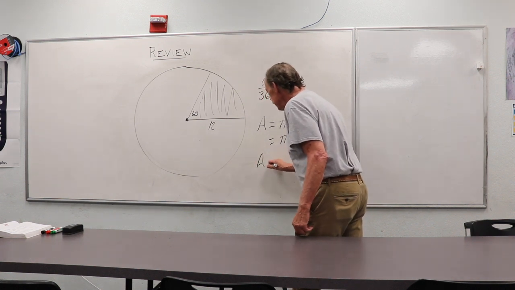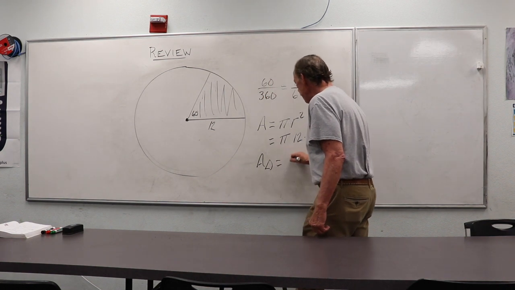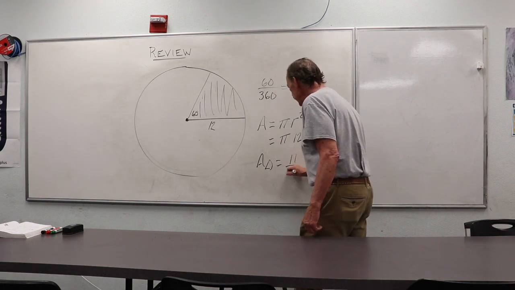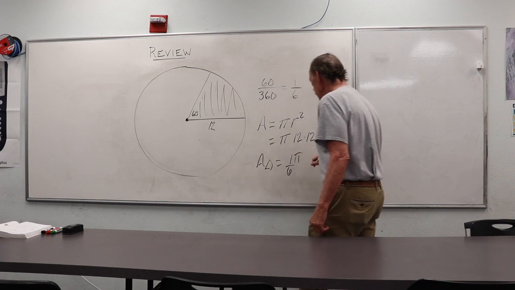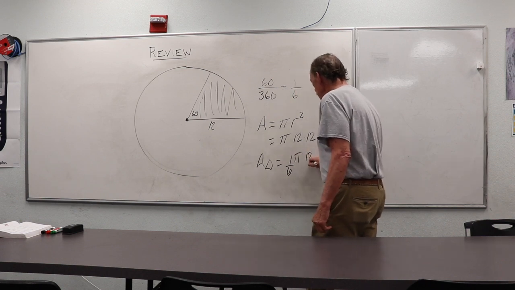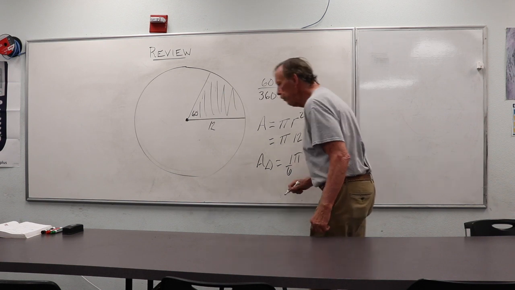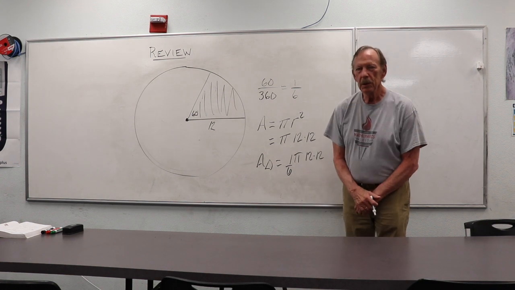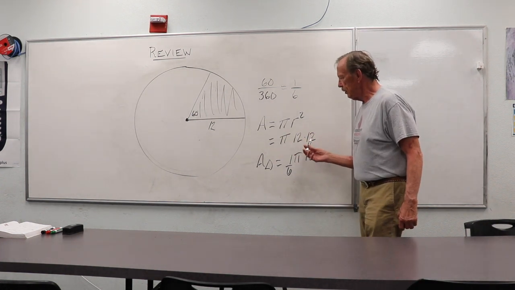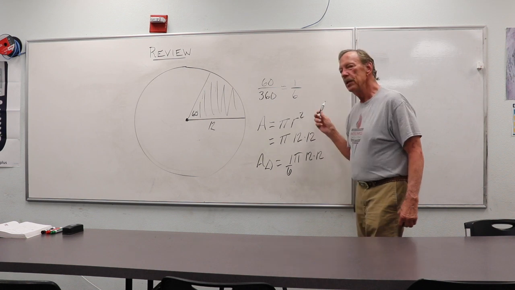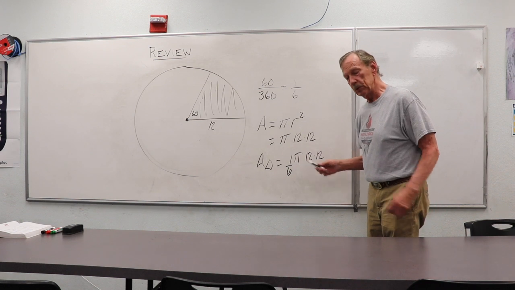So the area of the sector is going to be 1/6 of pi times 12 times 12, when we compare the whole circle to 1/6 of the circle.